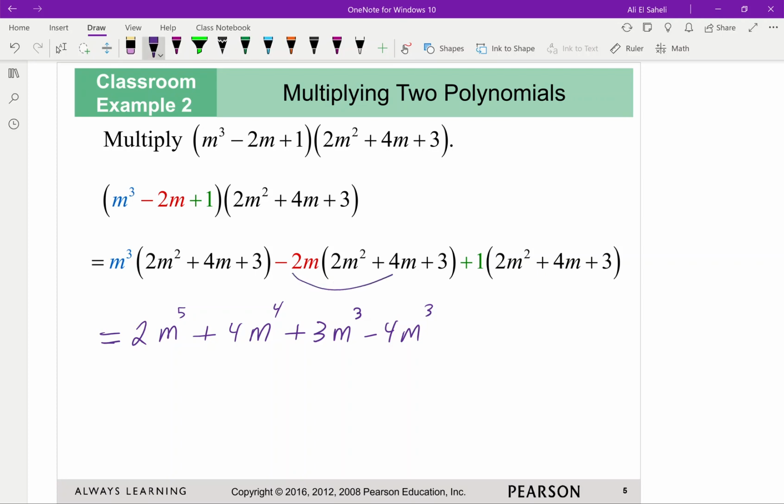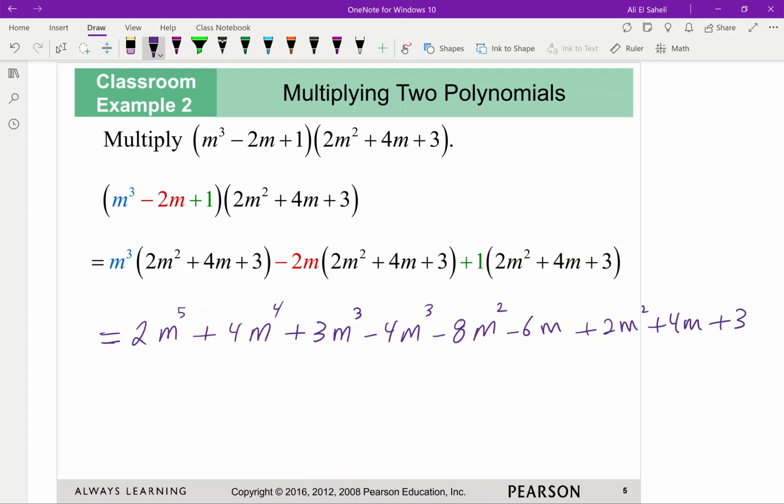Minus 2 times 4 is minus 8, m to the power 1 plus 1. Minus 2 times 3 is minus 6m. Finally, we multiply this polynomial by 1, so we have plus 2m squared plus 4m plus 3.